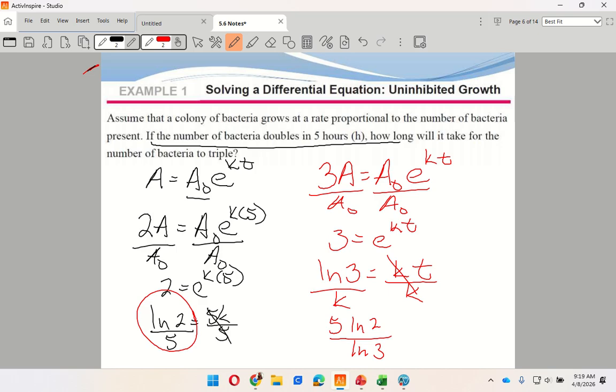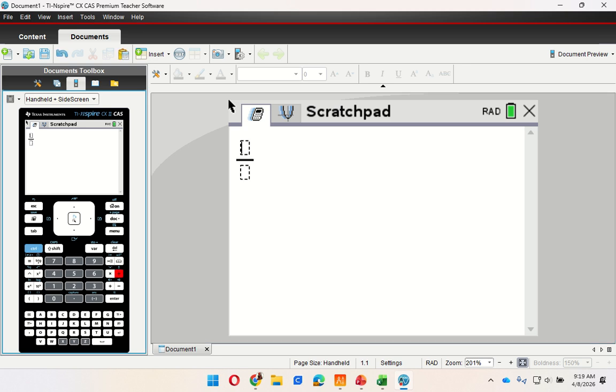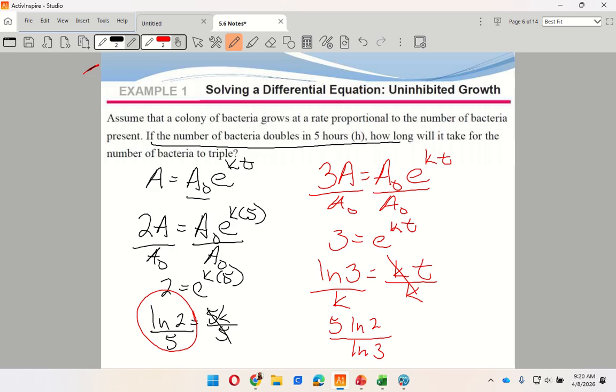So now I'm going to plug that in. 5 ln 2 ln 3. Did I have that backwards? It should be ln 3 over ln 2. I put it in the wrong spot. Sorry. So ln 3, ln 2.